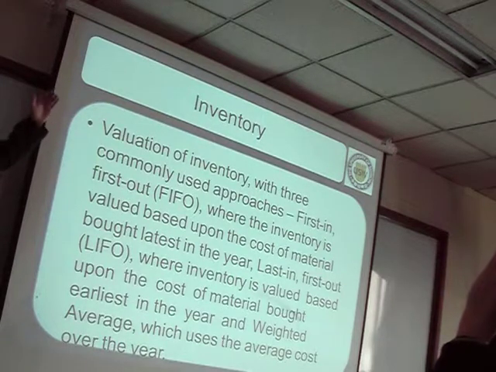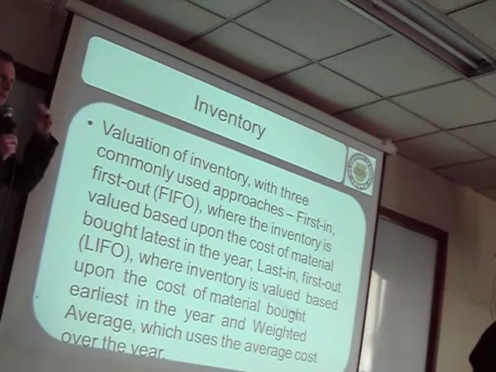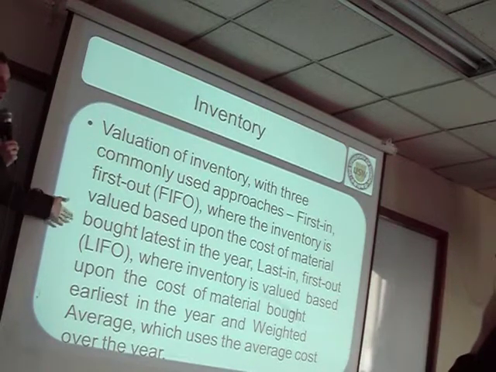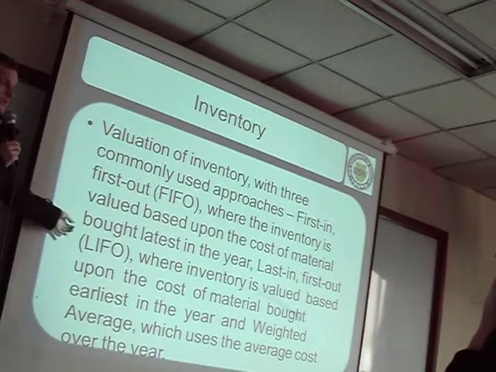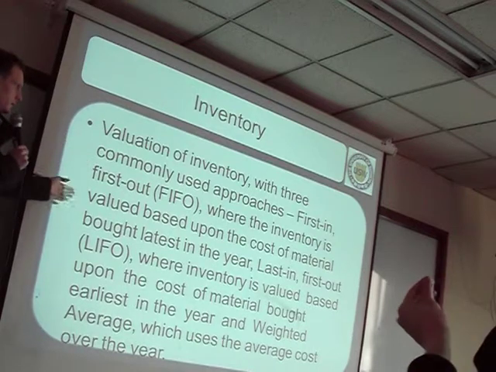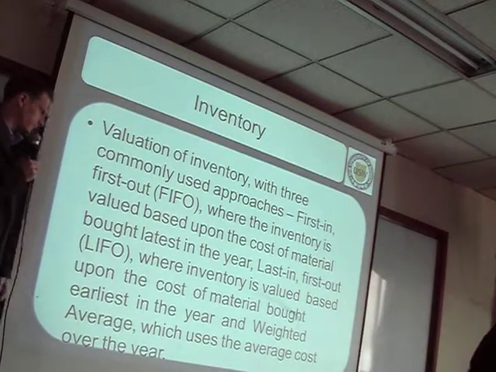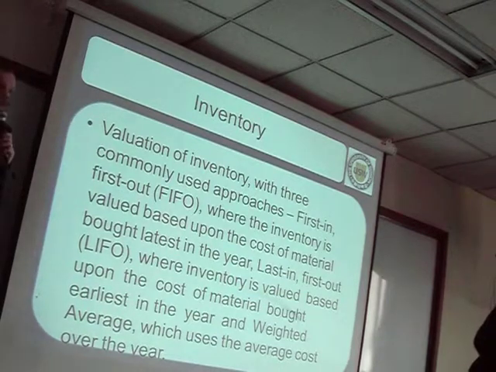The snack price could change. So we're deciding which price should we use to value, the early price or the late price. Okay? So accountants can decide. They can use the latest price or the earliest price, or they can use the average cost between the two.